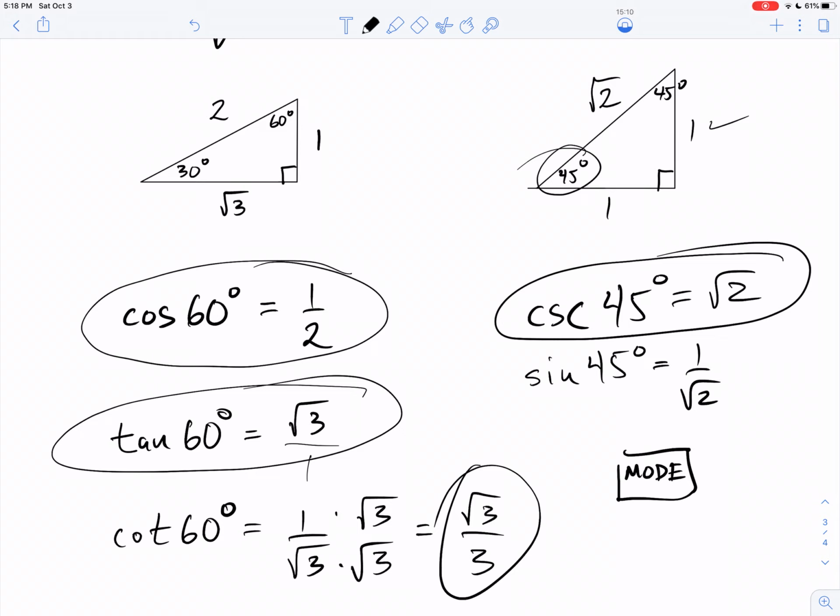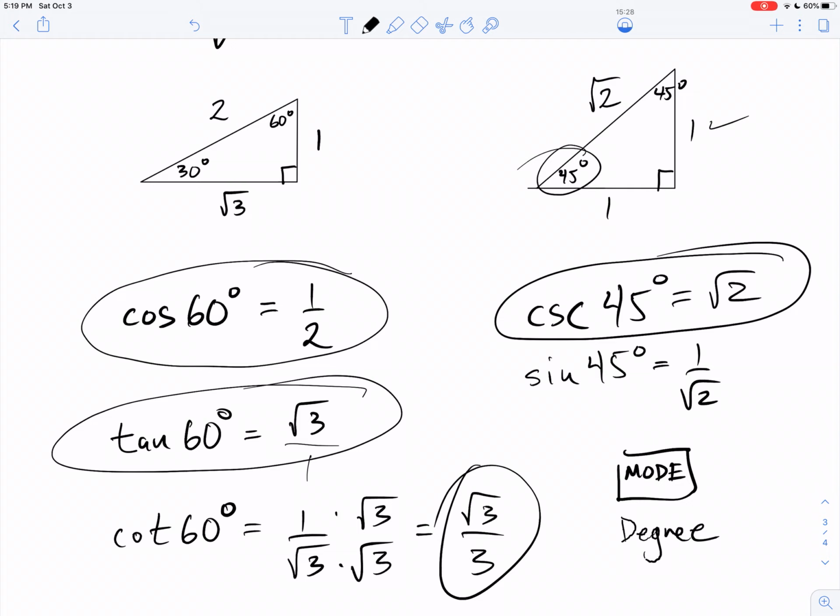If you hit the mode button on your graphing calculator, its default setting is radian. So if you want to be in degree mode, you got to make sure you're in degree mode. So I'm going to change it to degree mode and let my calculator do all the math for me.